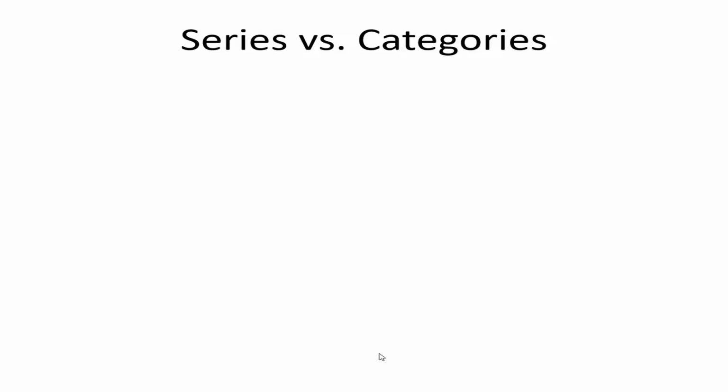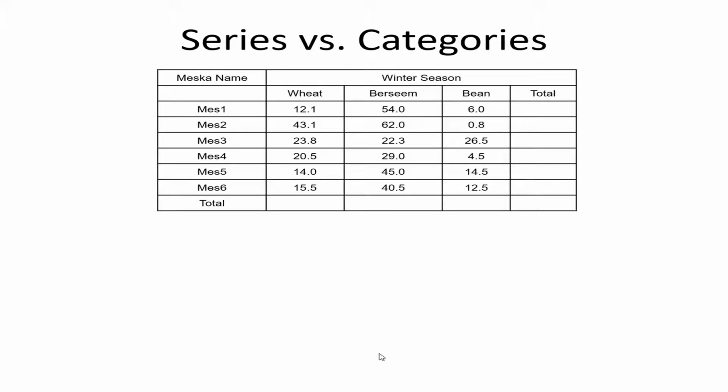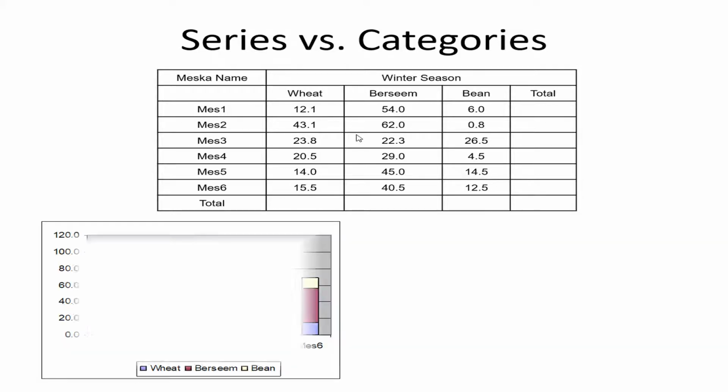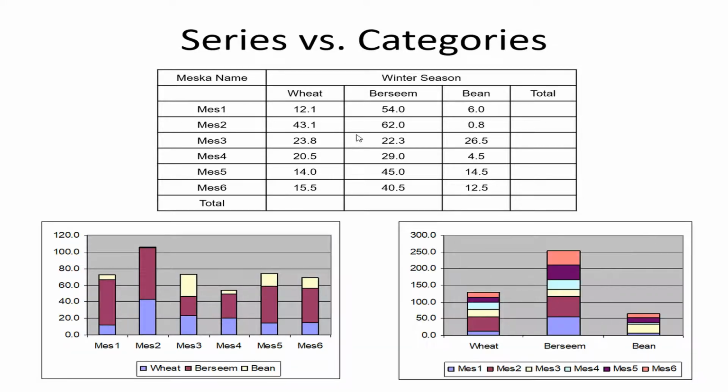Another idea is to ask yourselves, where are the series and where are the categories? This is a simple example of some irrigation mesqas, and each mesqa irrigates wheat, bersim, and beans in fiddans, and I like to present this data graphically. I have two options, as in the previous example, one to the left and one to the right.